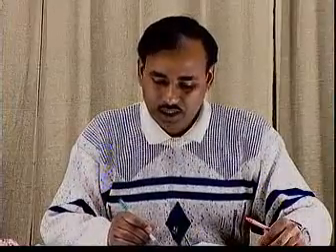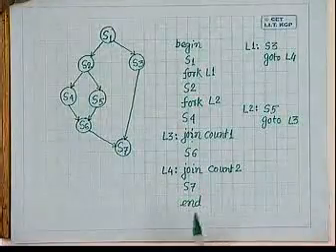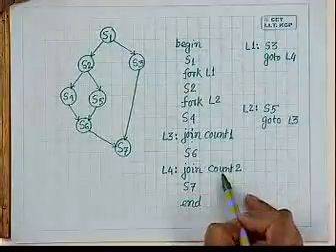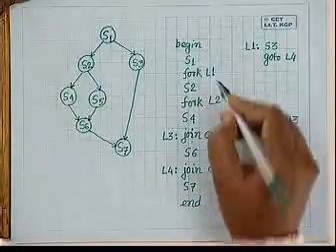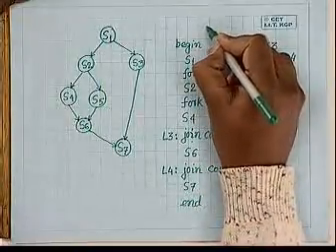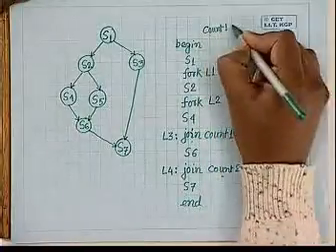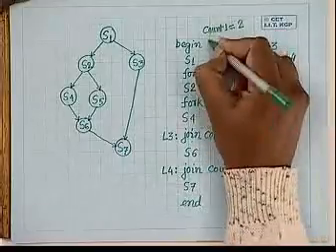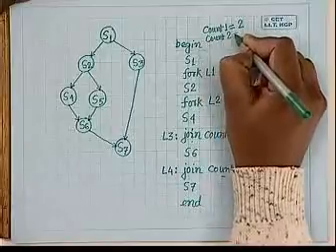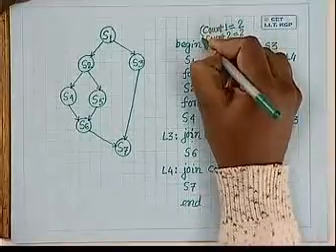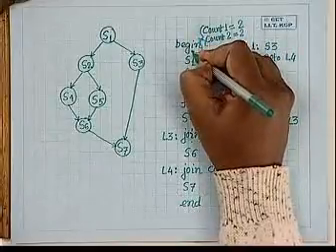This join statement combines two processes. This join statement also combines two processes. That means both count 1 and count 2 have to be initialized to the value 2. So here I have count 1 equal to 2, count 2 also equal to 2. So this initialization has to be done here.